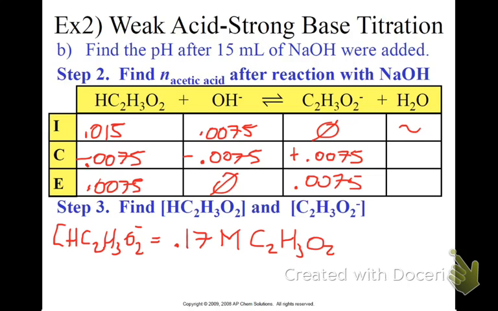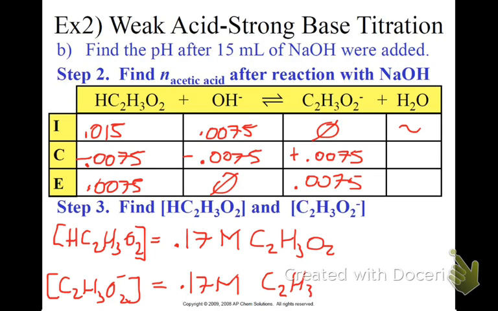And the concentration of our acetate, C2H3O2-, would be the same thing: 0.0075 divided by the 0.045 liters. This would actually be the same concentration now. And this one up here should be an H right there, sorry.